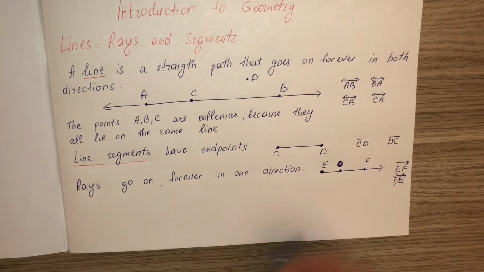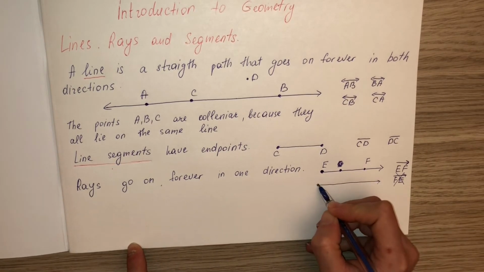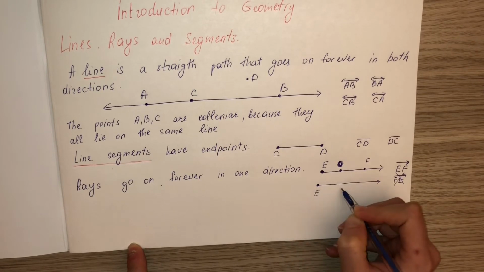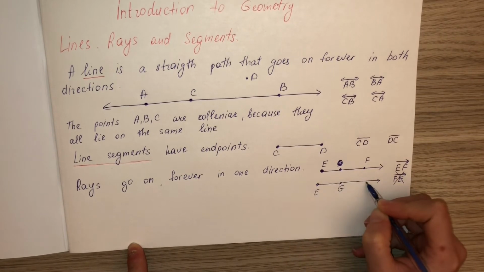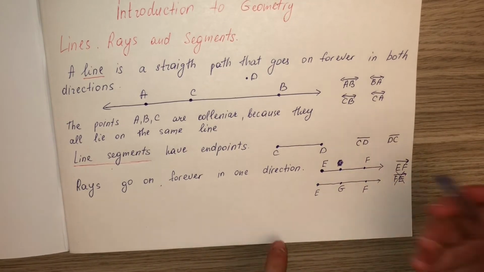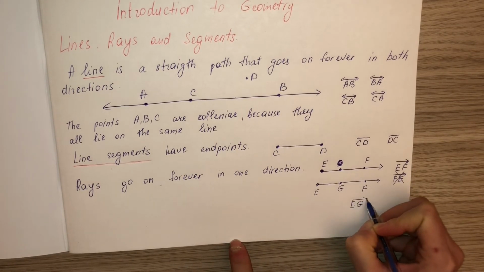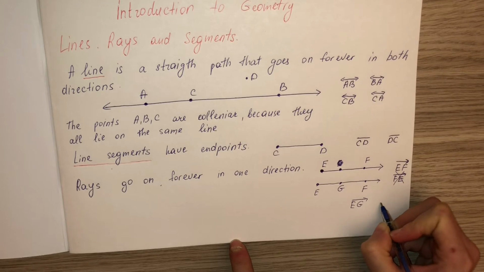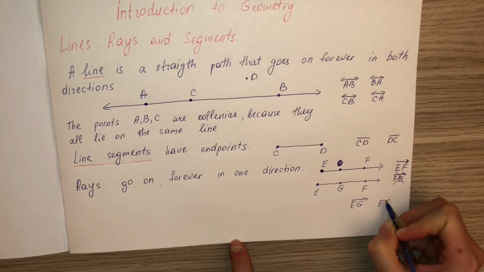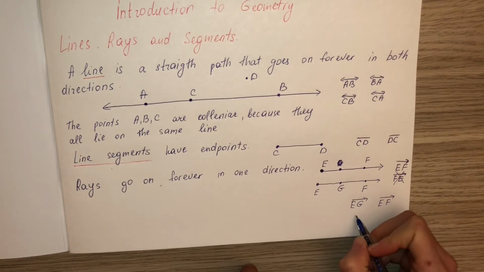Okay? Here is another example. For example, E, G, F. The name of this ray can be written as EG or EF, but it cannot be written as GF, okay?